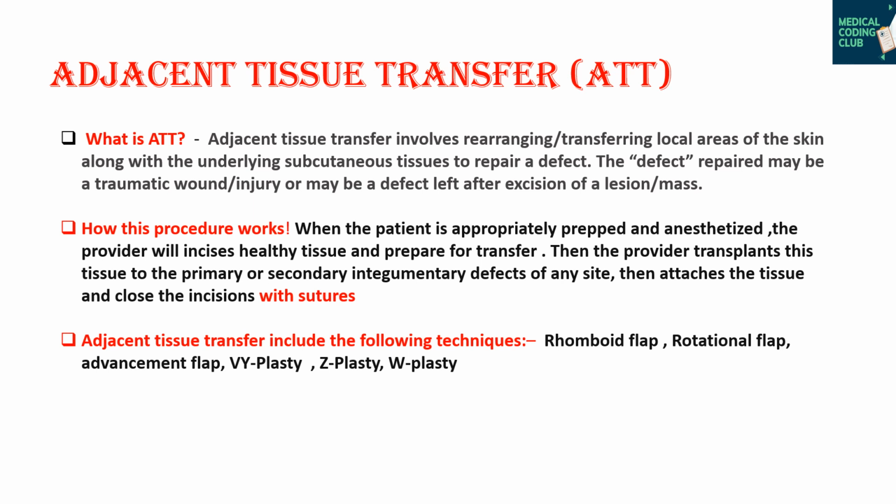So the provider will transfer the healthy skin to the defect area and close the area with sutures. This is the concept. There are many techniques or types involved in adjacent tissue transfer: rhomboid flap, rotational flap, advancement flap, VY-plasty, Z-plasty, W-plasty, and we'll see all these techniques.